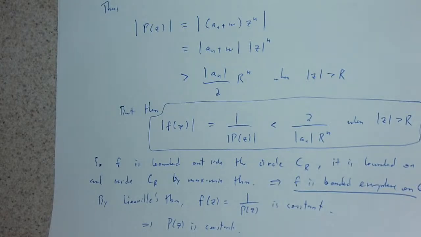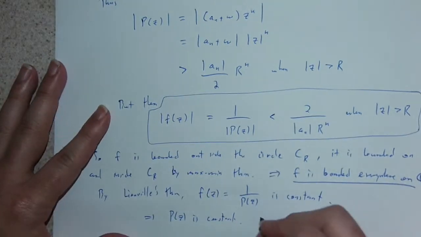It's not constant in general, unless you are dealing specifically with a constant polynomial, a degree 0 polynomial. A polynomial cannot be constant if it has degree greater than or equal to 1. And that's exactly the case we're in. This is a contradiction.